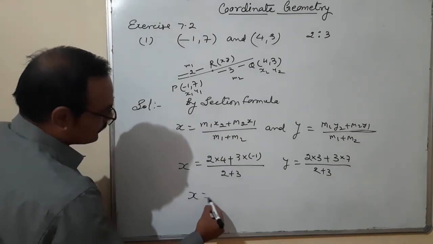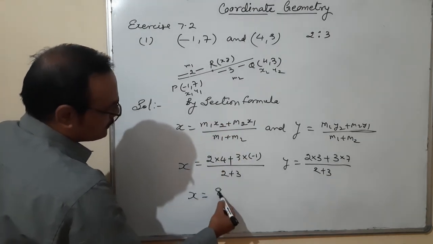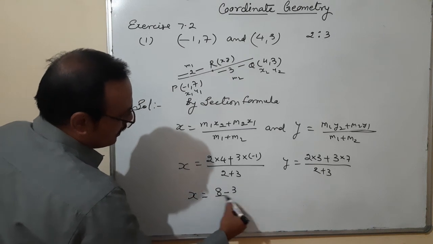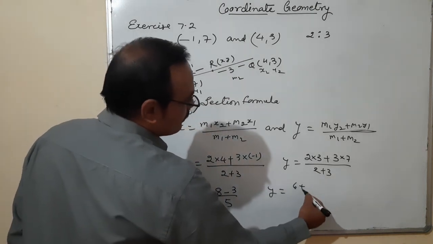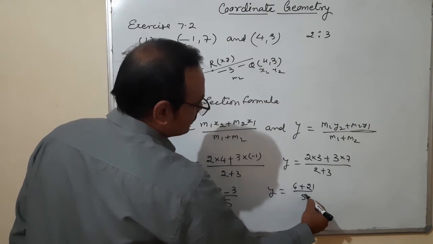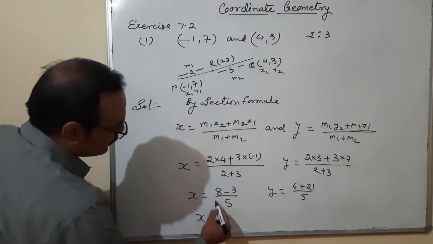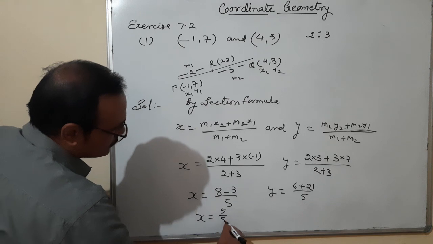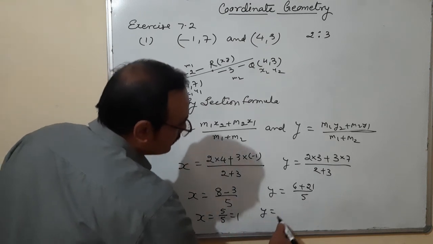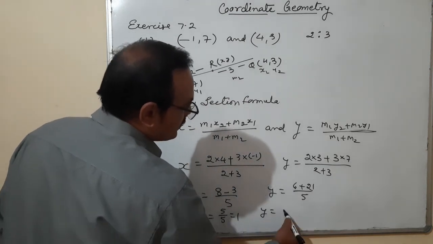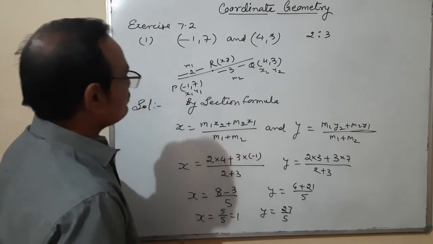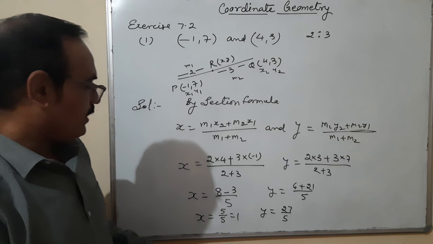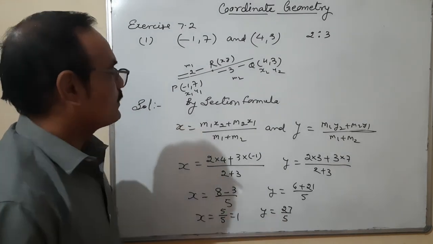x is equal to (8 minus 3) upon 5. y is equal to (6 plus 21) upon 5. So the value of x is 8 minus 3, 5 upon 5, that is 1. And y is equal to 21 plus 6, it is 27 upon 5. So the point is (1, 27 upon 5).